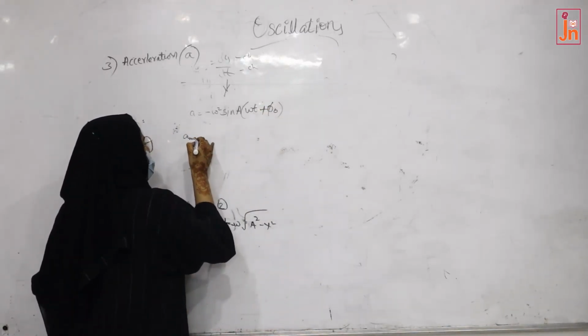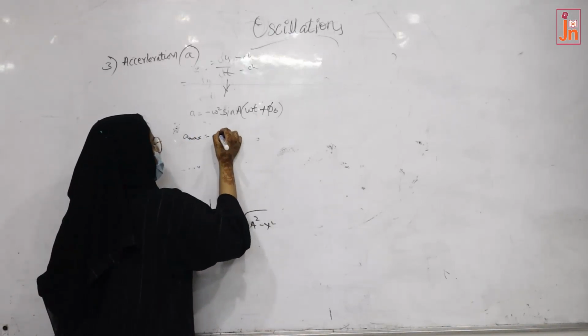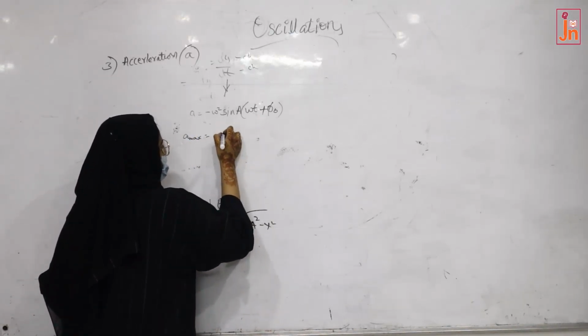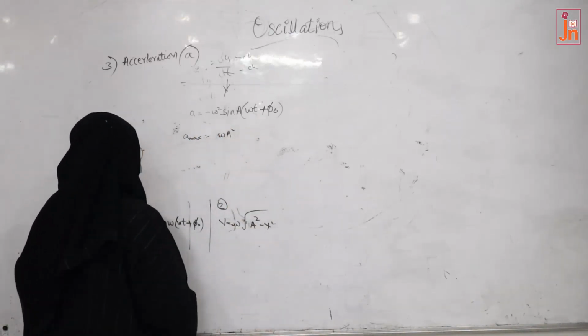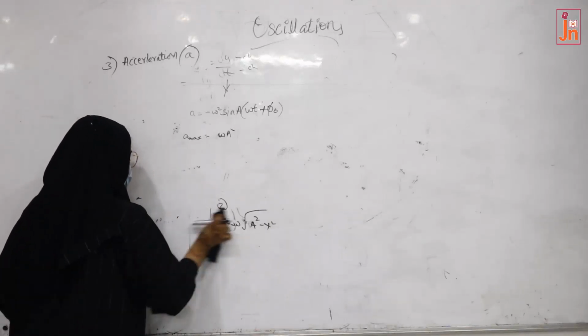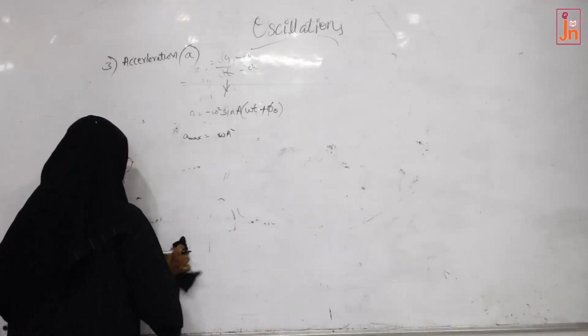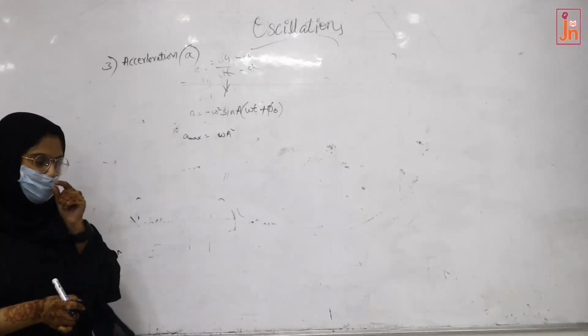Here a max is equal to omega square a. Now here is a small part where, by using the acceleration, we can find the maximum amplitude.